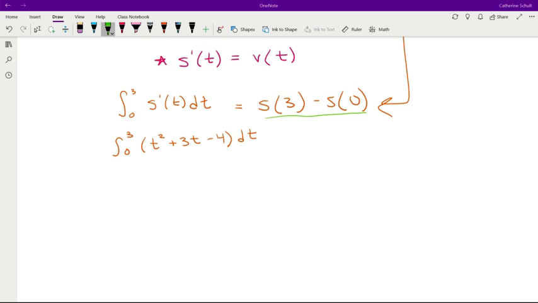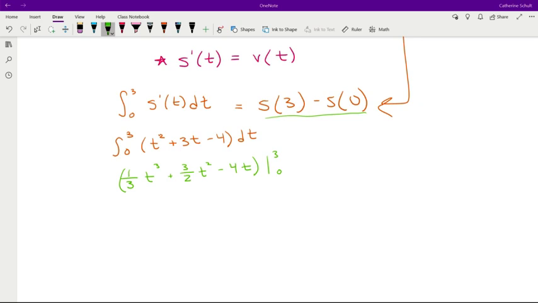So let's go ahead and take the integral. And we're going to plug in 3 and the 0.